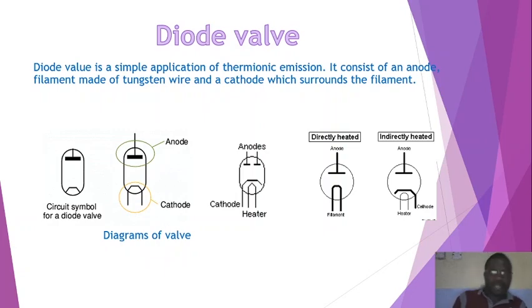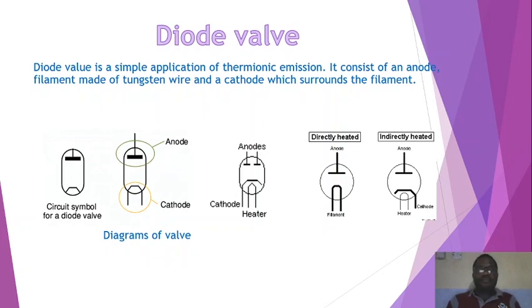But when you look at the modern television, the LCD, LED, and plasmas, you see all of them as semiconductor devices. They make use of semiconductor diode. And for that reason, even a very low voltage can operate the appliance. So that is the major difference between the diode valve and the semiconductor diode.